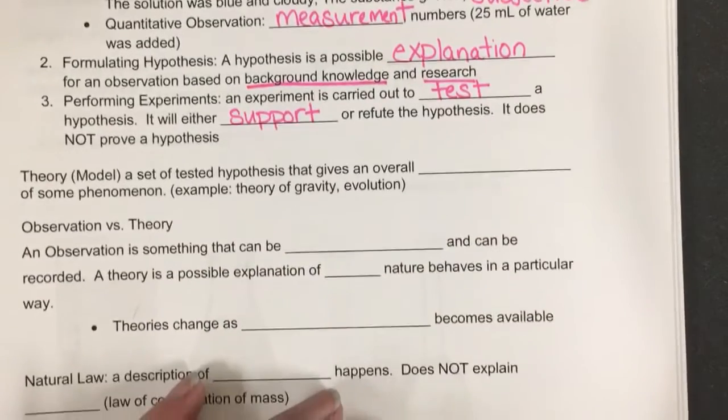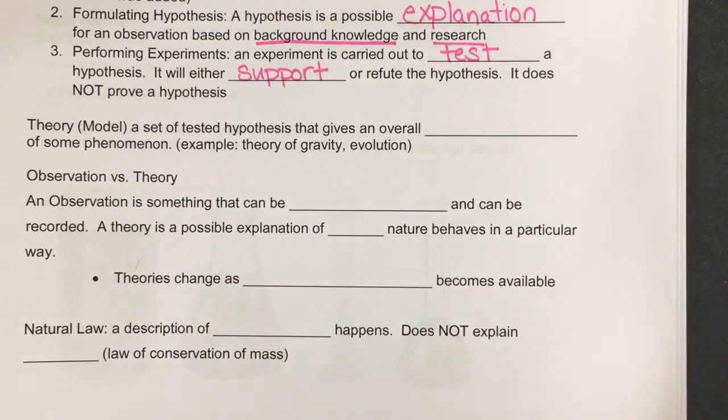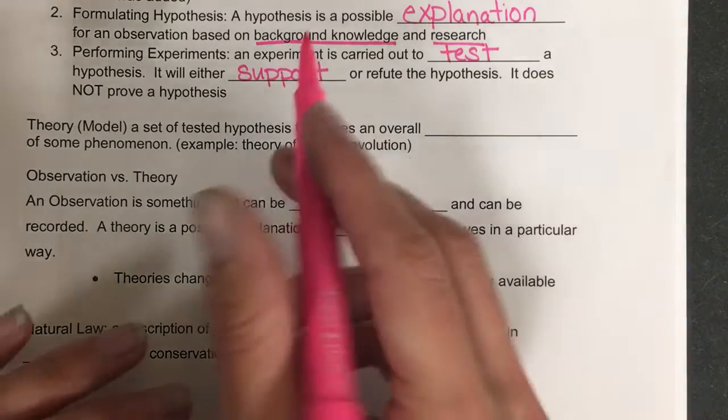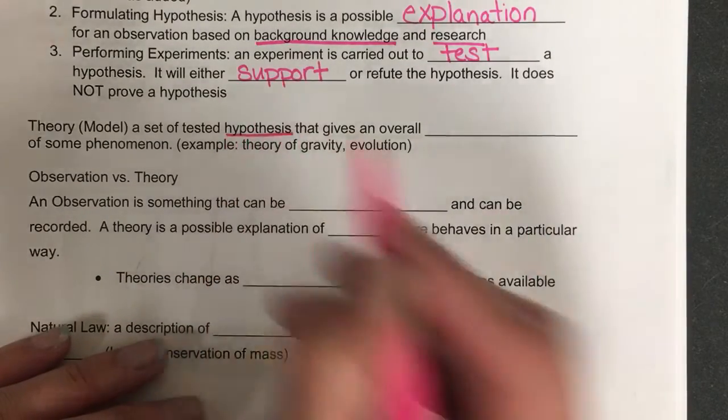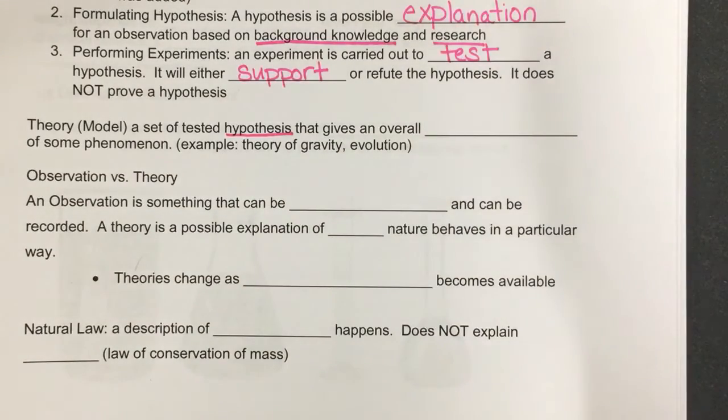So, theory is a word you hear a lot these days. When we talk about theories, people think that it just means it's an idea. It's kind of the same thing as a hypothesis. It's not. It's based on hypotheses that have been tested and tested and tested.